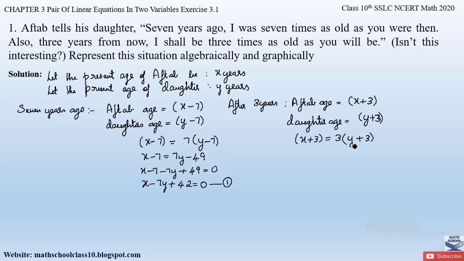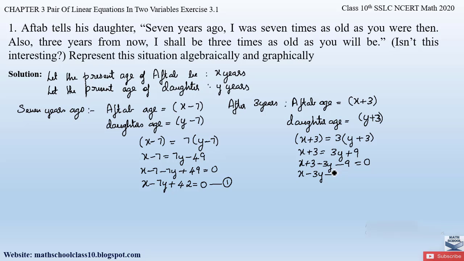So again, open the bracket and let us form another linear equation. So x plus 3 is equal to 3y plus 3 into 3 we get 9. So sending all the terms to the left hand side, x plus 3, this plus 3y will become minus 3y and plus 9 will become minus 9 equal to 0. So here x minus 3y, and minus 9, since minus 9 is a greater number, here a minus sign comes.